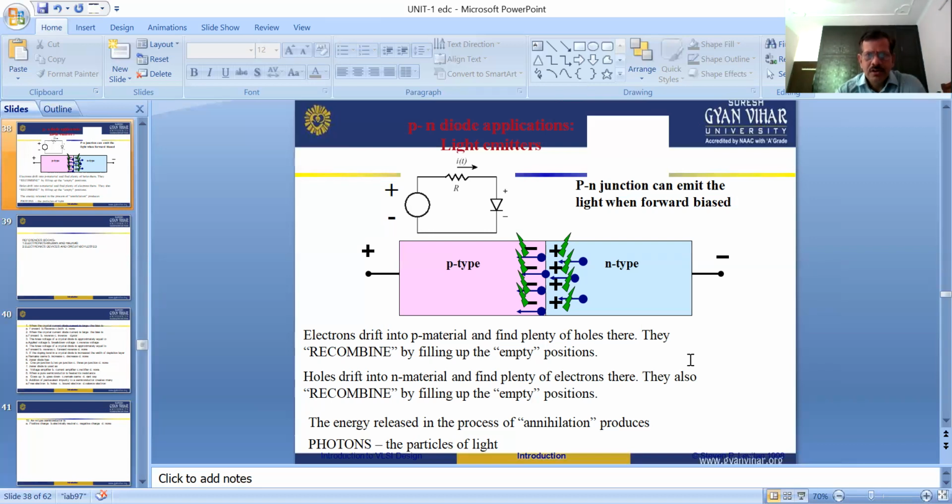Also, we can use the diode as a switching device, because the diode conducts only in forward biasing condition and does not conduct in reverse biasing condition.